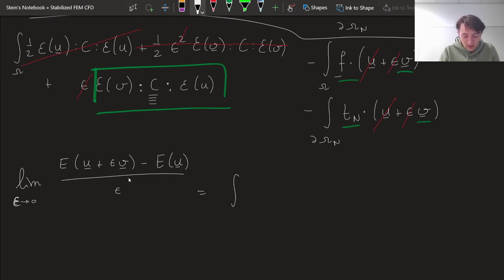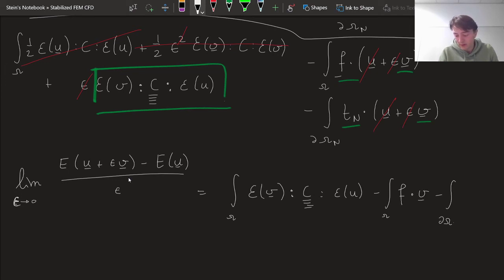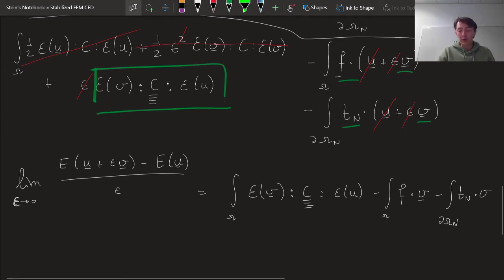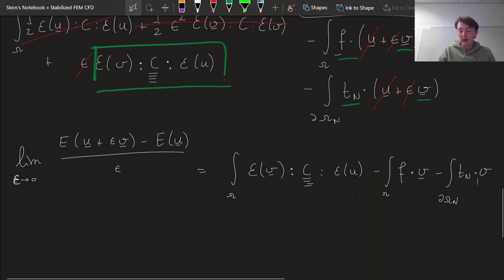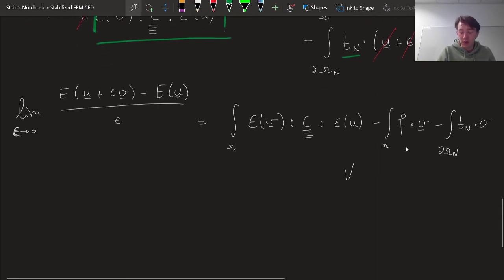So that's going to be equal to the integral over the domain of epsilon of v double contracted with C double contracted with epsilon of u, minus f dot v minus t dot v. Okay, and our statement was that my solution u will be such that this has to be true for all directions of our small fluctuation v.